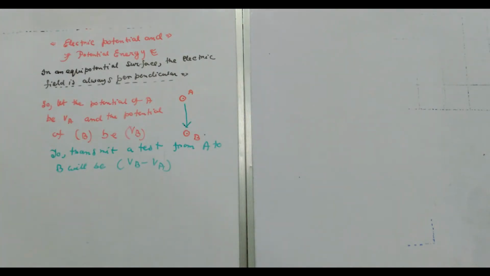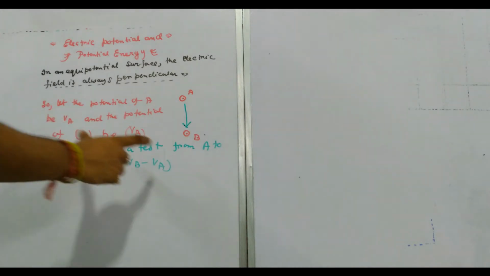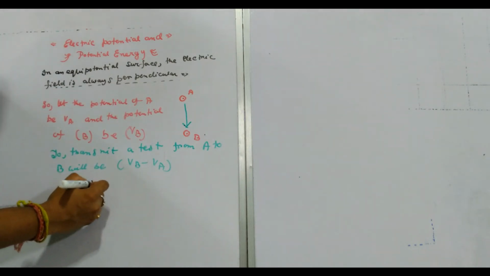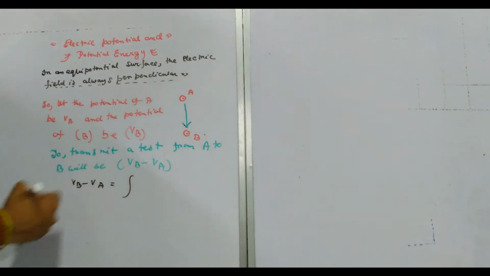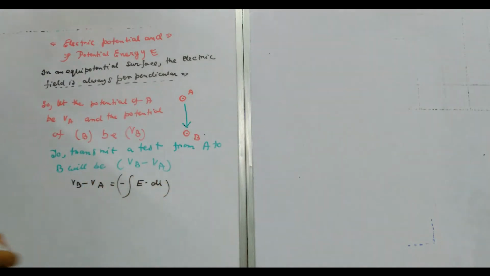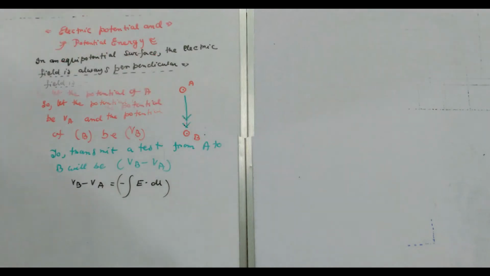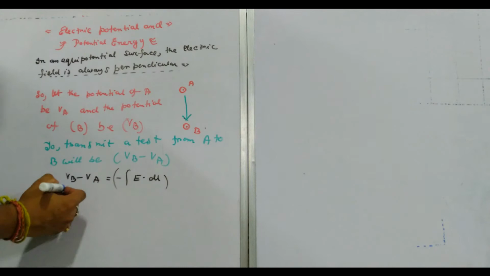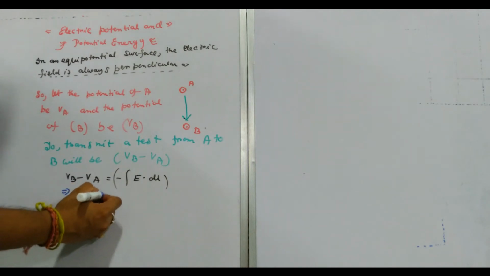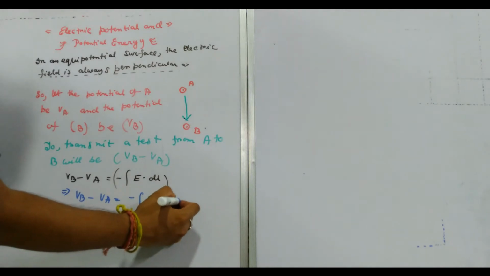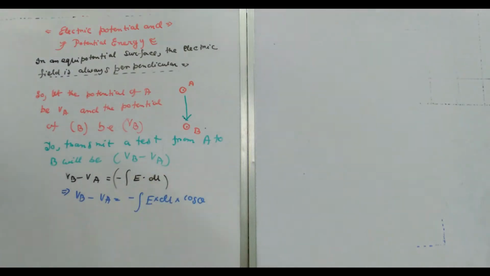Now think for a while. Whenever we are transmitting a point charge from A to B, we need to perform a certain amount of work done. But we know VB minus VA is nothing but the integration of minus of E dot dl. We have learned it earlier. Now, as this is the dot product, so we can write VB minus VA is nothing but minus of E into dl into cos of theta. Clear?